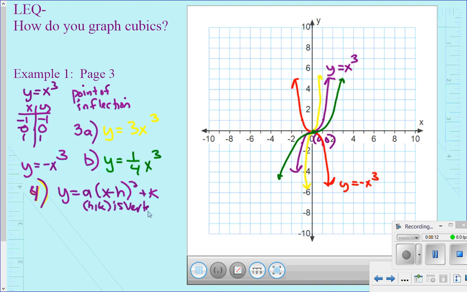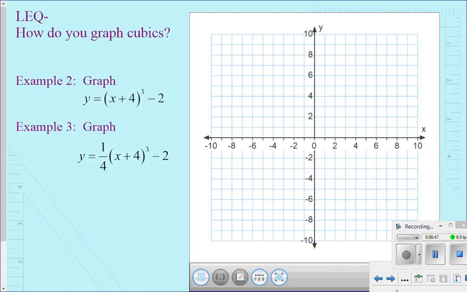So it's allowing for the translations and the transformations. Well, we've just discovered that the cubic translations and transformations are the same. So it's going to look very similar, but it'll be cubed instead of squared. And h, k is no longer the vertex, it's the point of inflection. Okay, so that takes care of our notes on page 3.